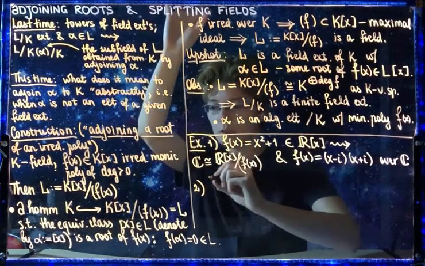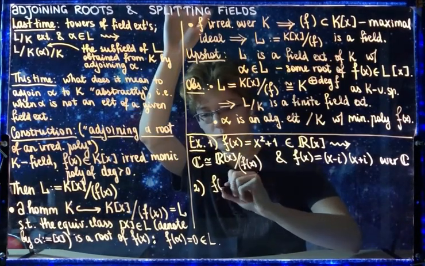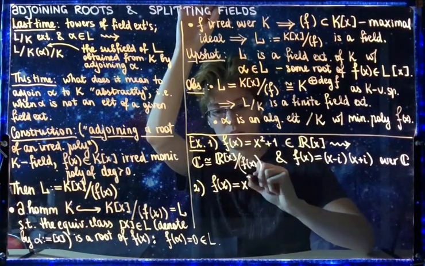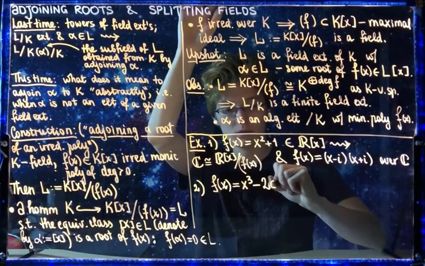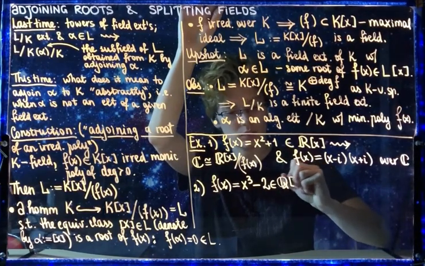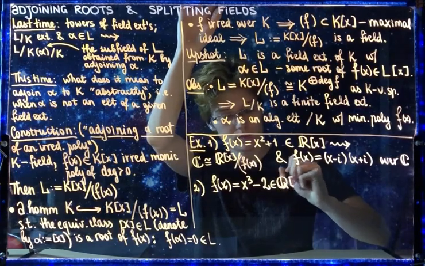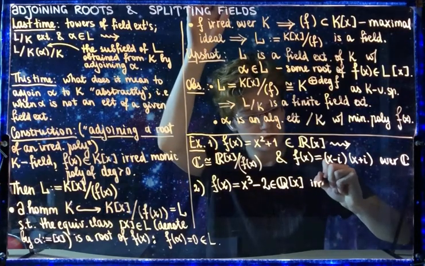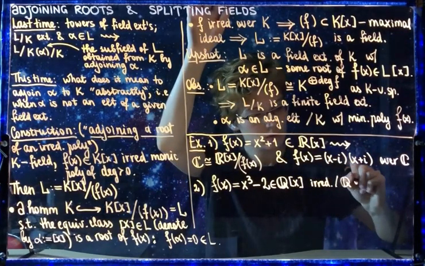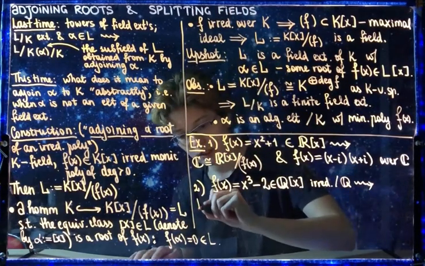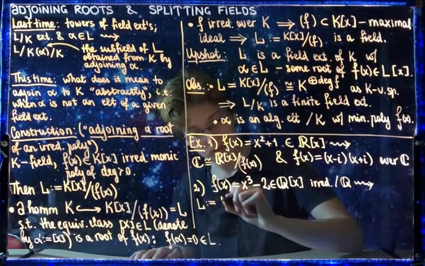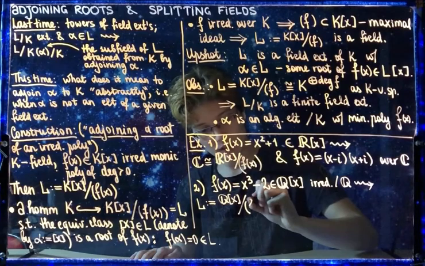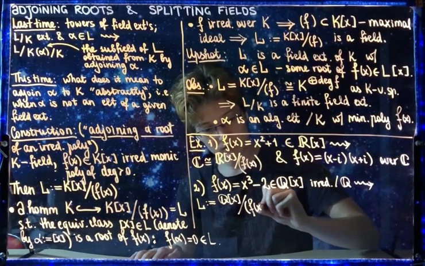The second example, which you are working out in your homework, I can consider the polynomial f of x equal to x cubed minus 2, a polynomial in Q adjoin x. It is irreducible over Q. And so we get a field extension Q adjoin x mod out by f of x.